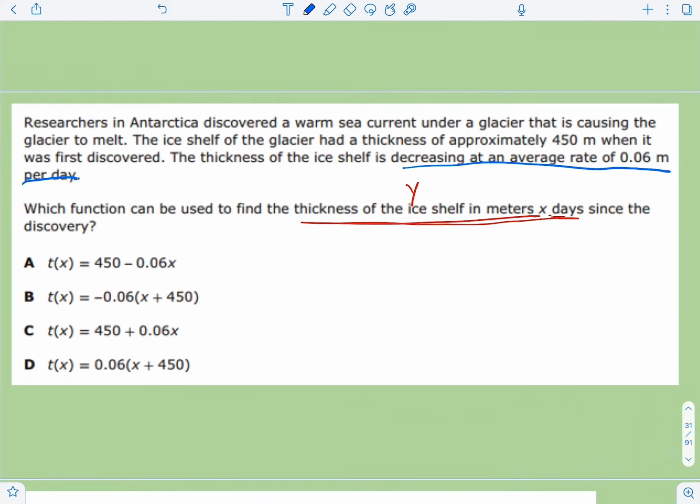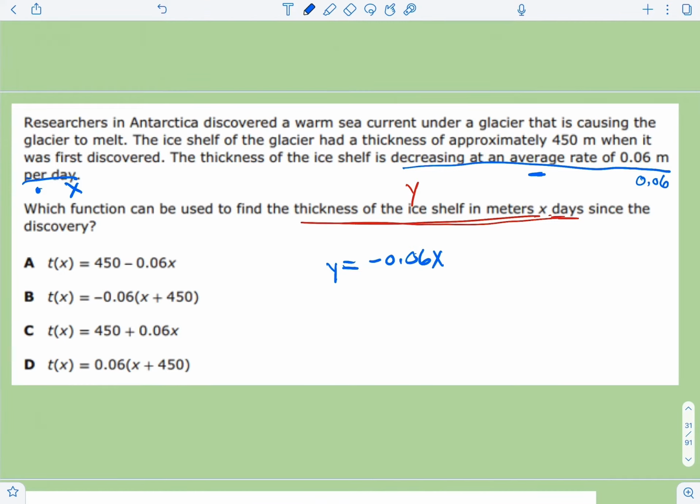This whole decreasing, minus the 0.06 meters per day, times x. So the number in front of that multiplication is 0.06. So that's how we know our first leg is y equals negative 0.06x.